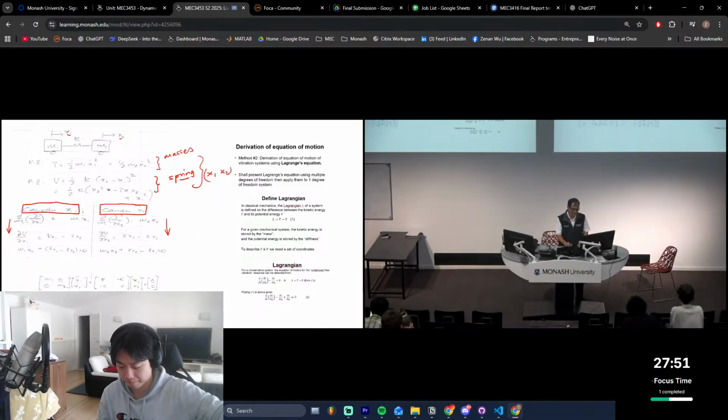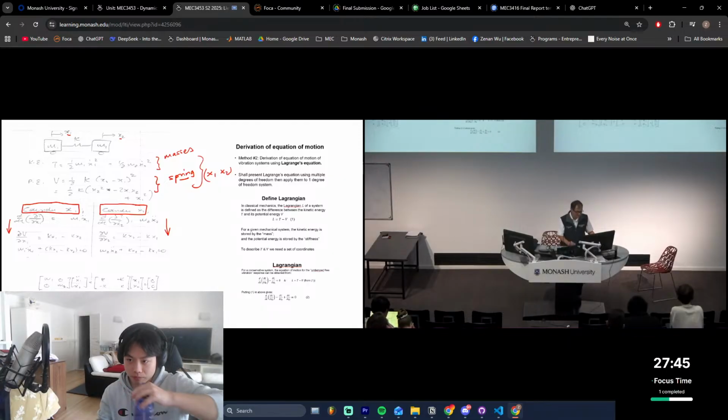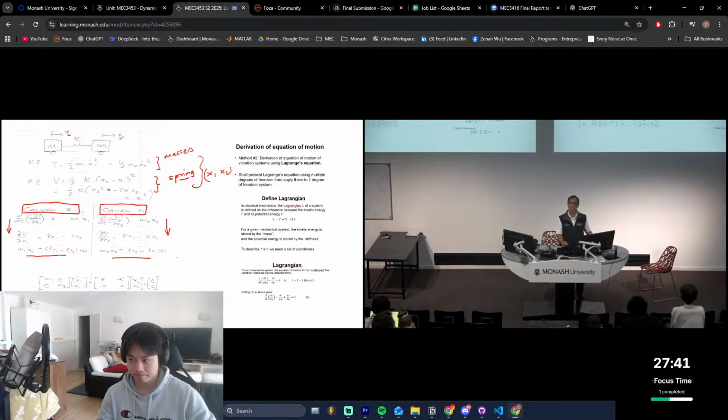I have done the same, but now I consider my generalized coordinate x2. By doing that, I have these two equations of motion. Again, notice that when I consider x1, x2 comes into play as well, and when I'm considering x2, x1 comes into play.